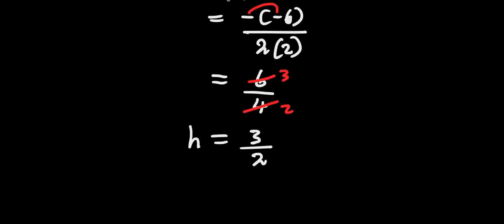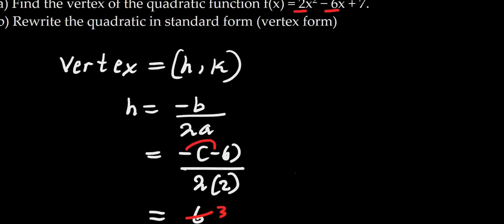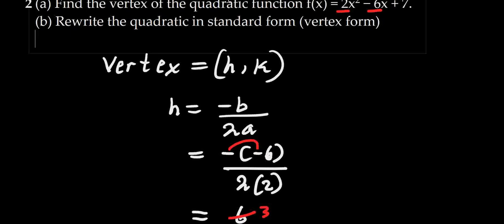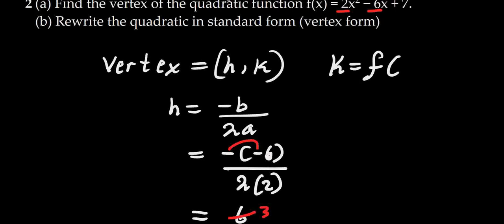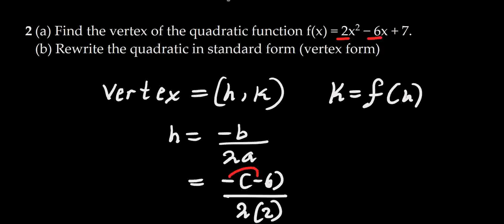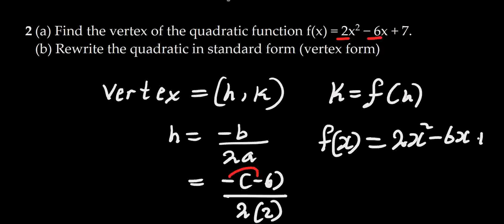Next is to find the value of k. The value of k is equal to f of h. So that means we are going to substitute the value of h into the given function, and the given function is f of x equal to 2x squared negative 6x plus 7.